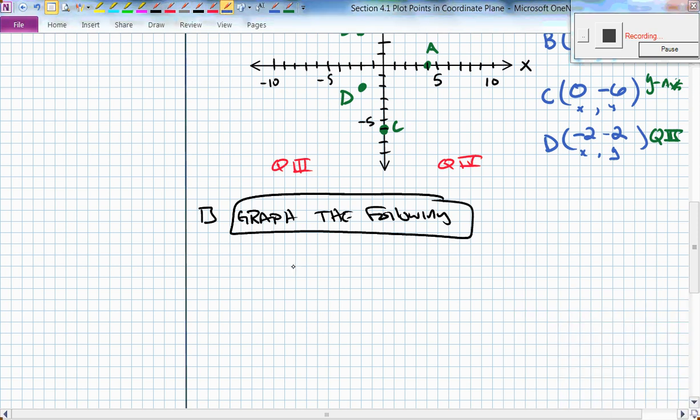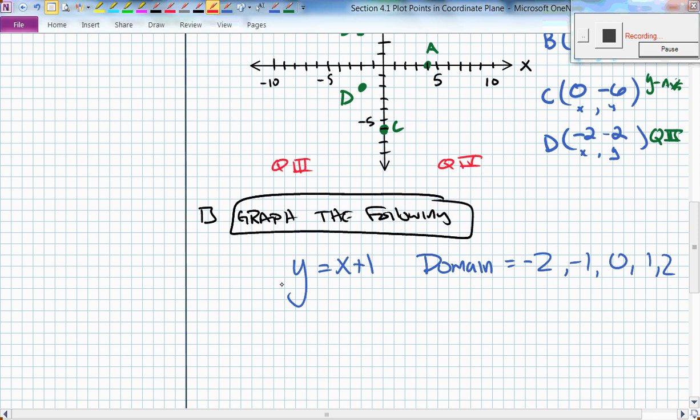I'm going to give you y is equal to x plus 1, and I'm going to tell you that the domain is equal to -2, -1, 0, 1, and 2. So we're going to graph the function y equals x plus 1 for only the given domain values of -2, -1, 0, 1, and 2.